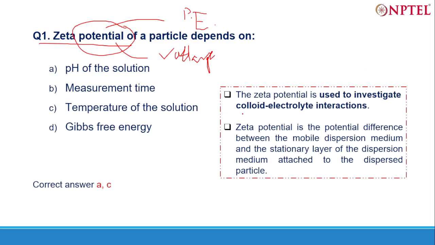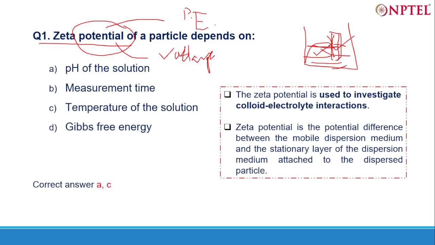So what happens if you have an electrolyte and there are some colloids in it, but the electrolyte forms a layer on the colloids or electrodes? This measures the potential difference between these two: the dispersion medium, which is the electrolyte, and the stationary layer of dispersion medium attached to the dispersed particle.